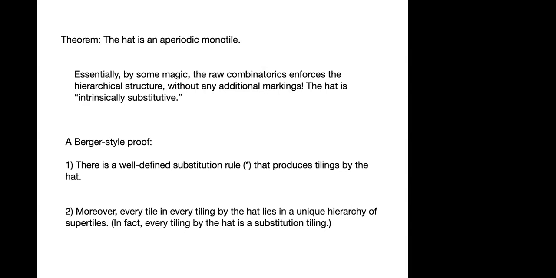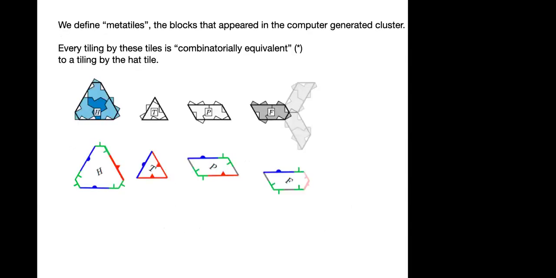This is the standard Berger outline, and in this case it looks something like this. Notice that these 4 pieces could be replicated, and that these markings could encode the way that they fit. But there's something else that goes the other way, right?